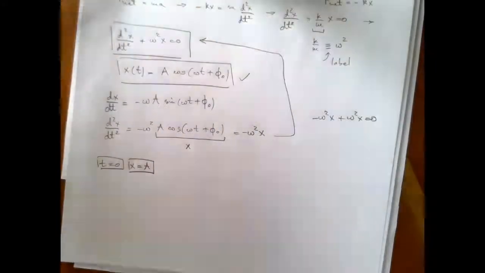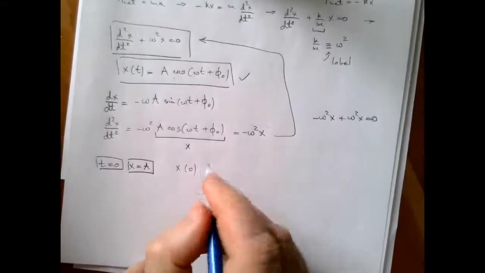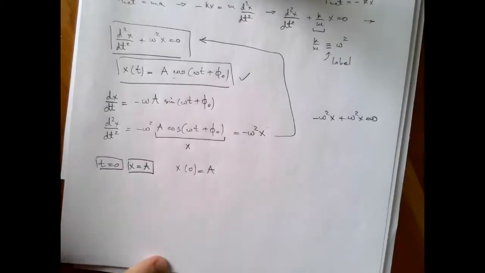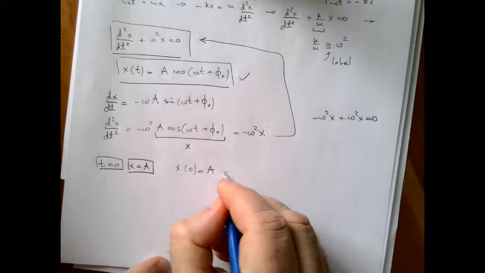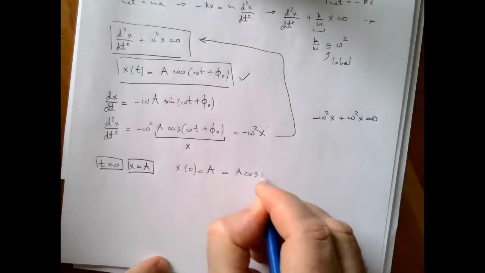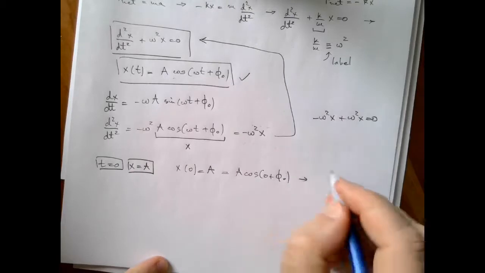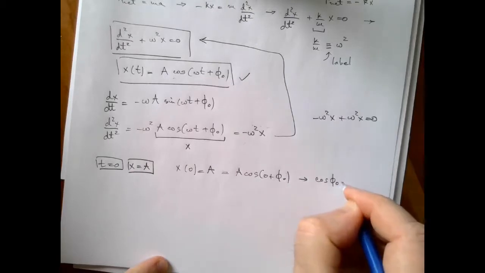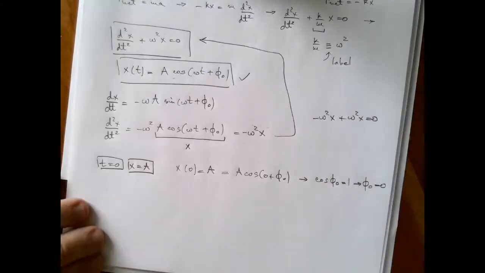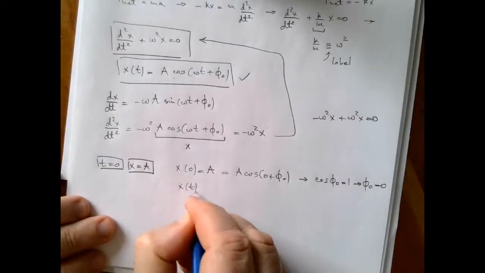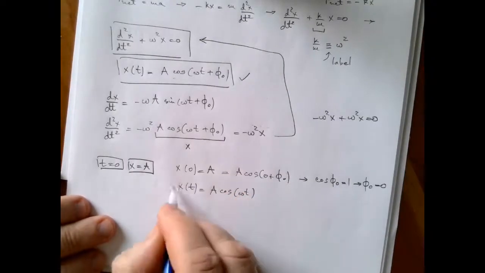then our equation becomes x of 0 is equal to A, and at the same time is equal to A cosine of 0 plus phi 0, which means cosine phi 0 is equal to 1 or phi 0 is equal to 0. So in this case, the equation A cosine omega t is the solution.